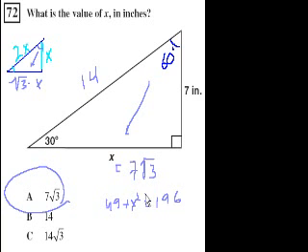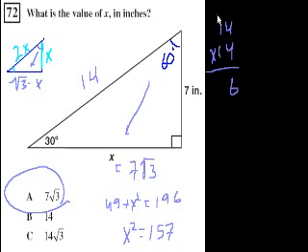Subtract 49 from both sides. You get x squared is equal to, let's see, 196 minus 50 would be 156. 150, so it's 157. Is that right? Let me make sure I got it. 14 times 14. 4 times 4 is 16. 56, 0, 140, right. 196.